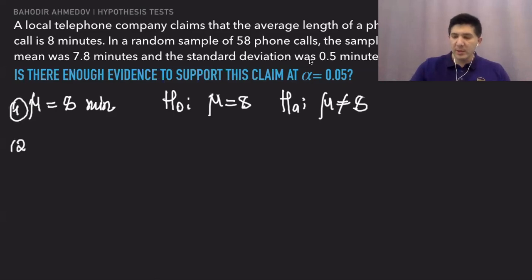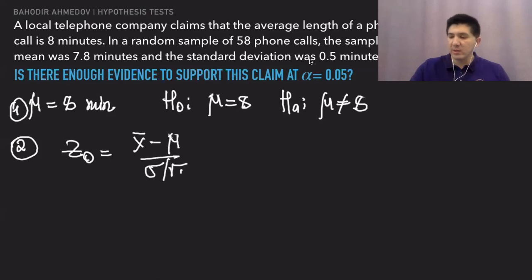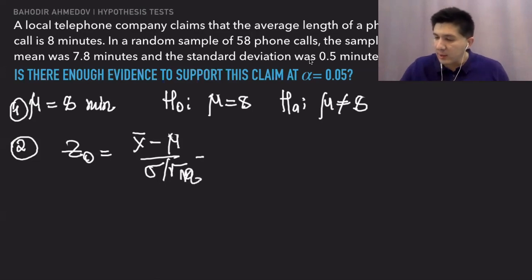And step number 2, what we have to do is calculate the standardized test statistic, right? So this is going to be z0, which is equal to x bar minus mu divided by sigma divided by the square root of n. So let's calculate this. The x bar here is the sample mean.